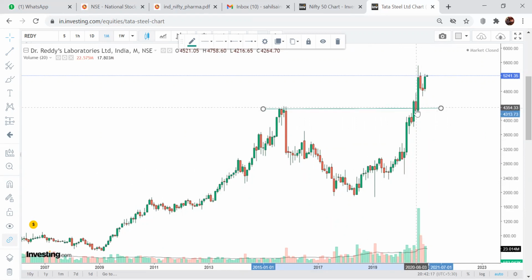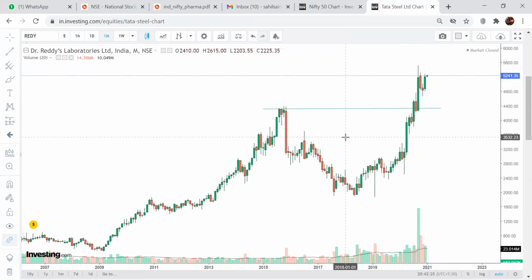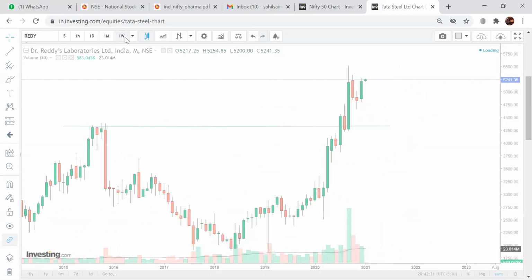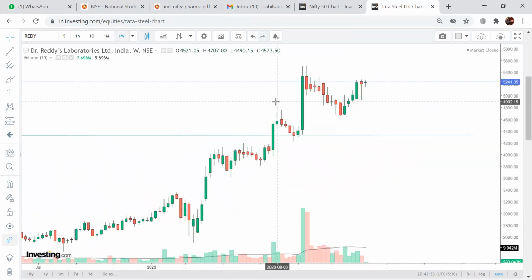People book their profit and then bulls make it high again. So it's the typical style of bulls, letting every participant know that yes, they are dominating it. It took a little cool down period. Now it's going up. This is a rejection. We just saw it made a higher low.